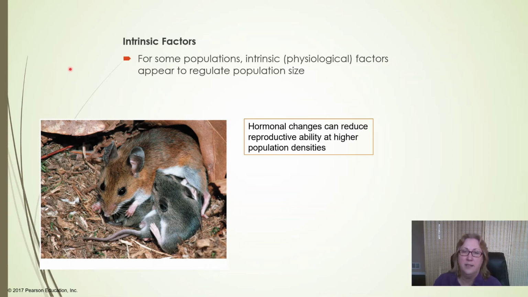Some individuals, like certain rodents, when their population density gets too high, there are hormonal changes in the females, and they will actually produce fewer offspring. They will ovulate less and produce fewer offspring.